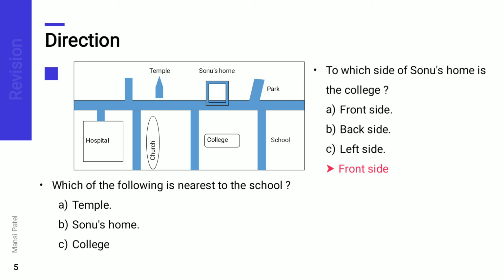Yes, you can see that the temple and Sonu's home are both on the opposite side of the school. So the remaining answer is college. So we can say that the college is nearest to the school.